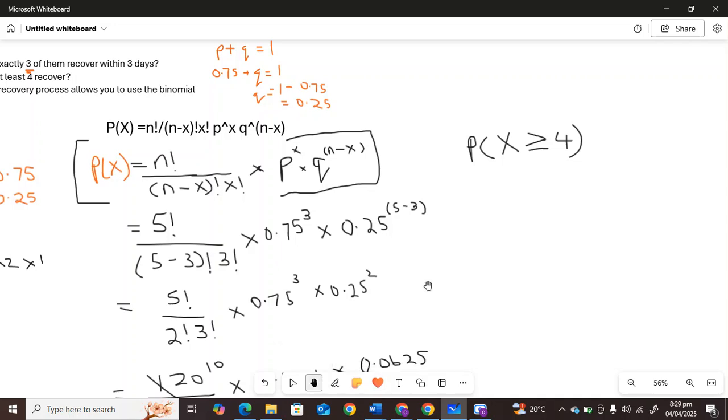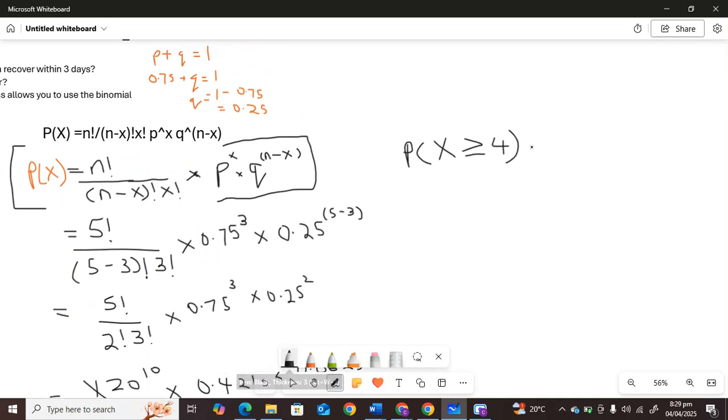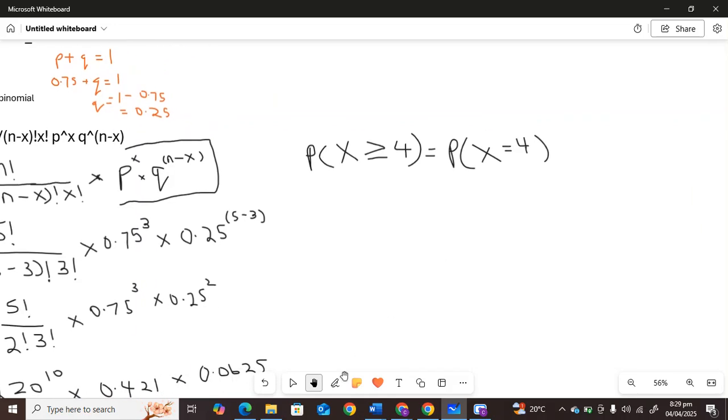So we're interested in the probability that exactly 4 recover plus the probability that 5 recover. Because remember, we have a total of 5 participants. So when we say at least 4 recovering, it can also mean even 5 can recover because 4 is just the minimum number. So it also includes the probability that even 5 patients recover.